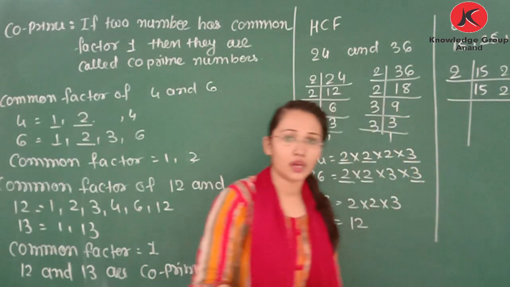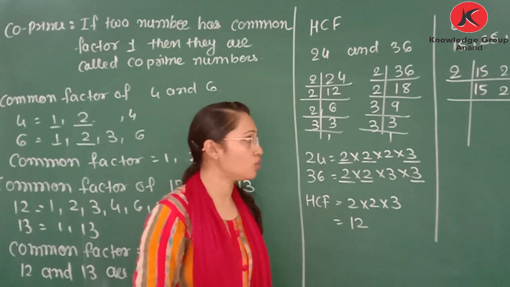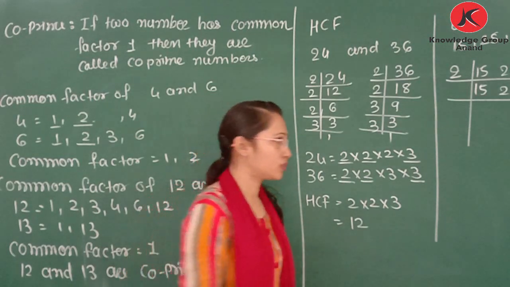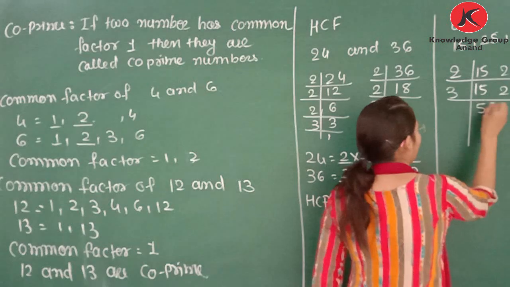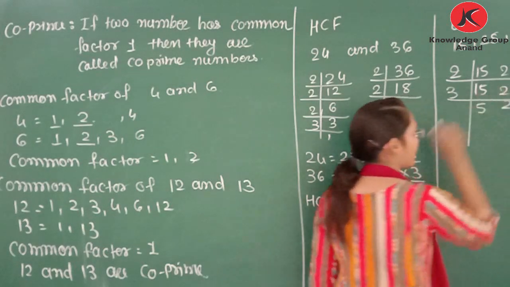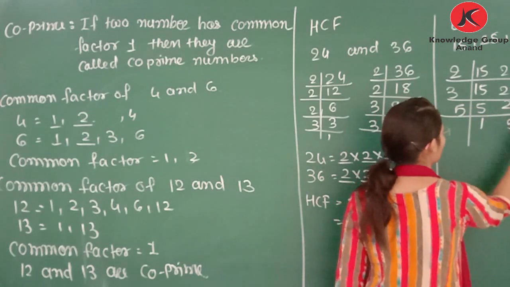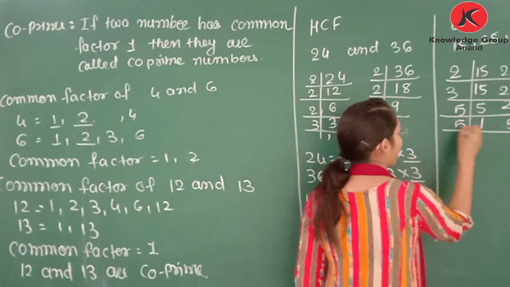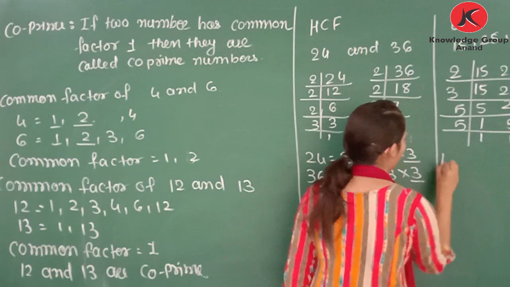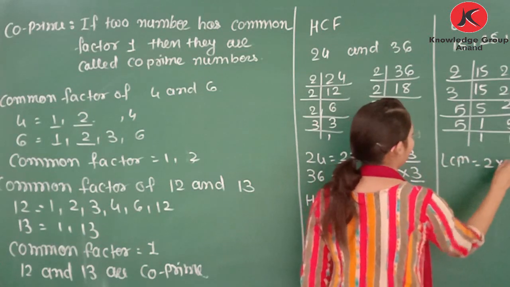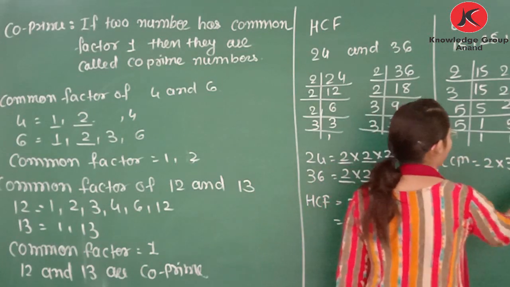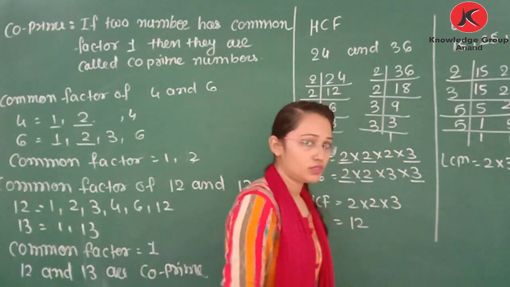Now is there any number divisible by 2? No. So take the next number, 3. 3 fives are 15, 25, 3 fives are 15. Now 5 ones are 5, 5 fives are 25, 5 ones are 5. 1, 1, 1. So LCM will be 2 multiply 3 multiply 5 multiply 5.